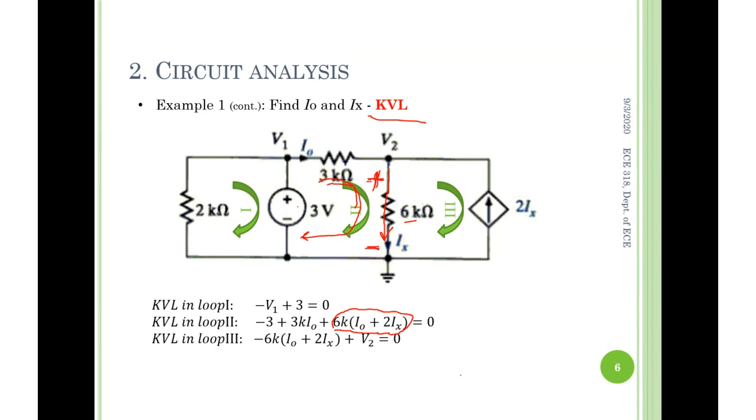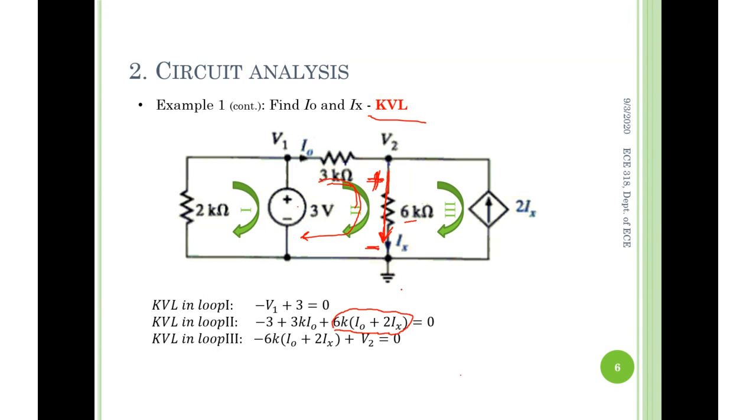So the voltage you're looking for must follow this polarity, and therefore the current you're looking for is downwards. What is the current downwards flowing through the 6 kilo? IX, no problem. There's no mistake if you say it is IX.